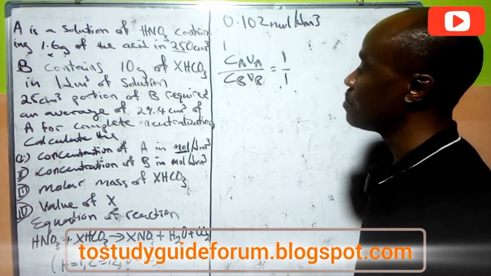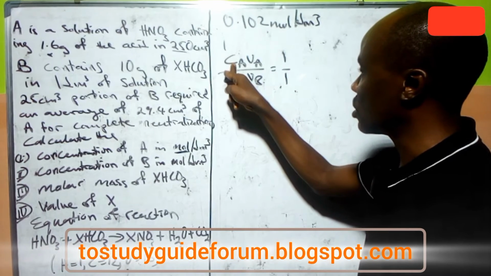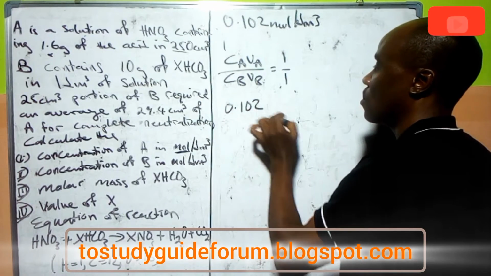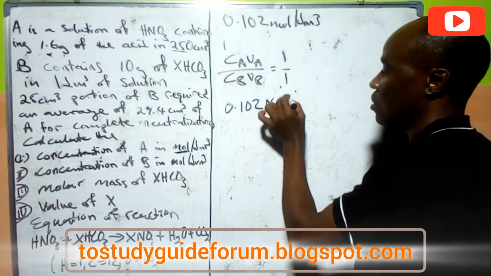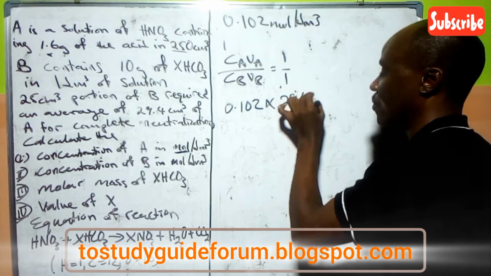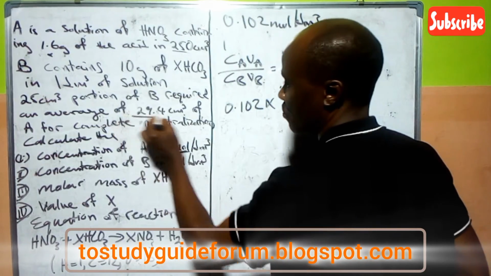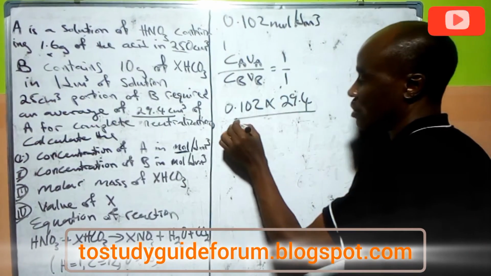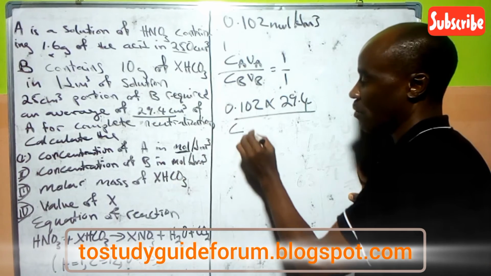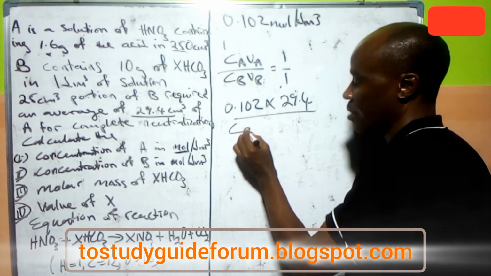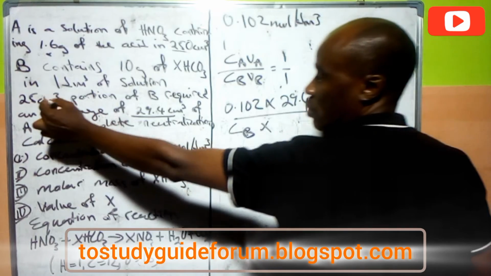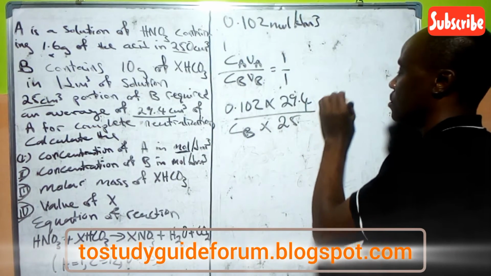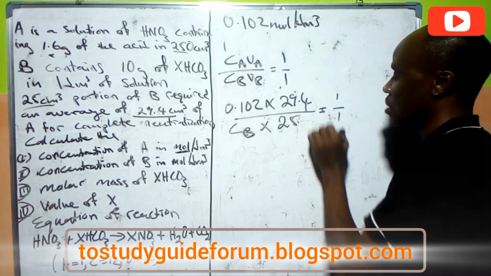So the concentration of A is now 0.102. Volume of A is also 29.4 as given, dm cube. Then multiply the concentration of the B, we don't know it, but we know the volume, which is 25. Then their mole ratio is 1:1.